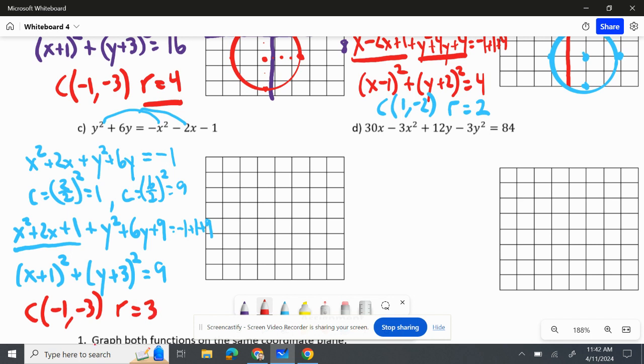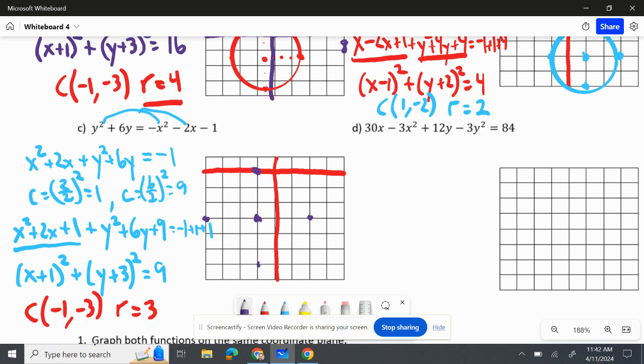Now, just like the last one, we can go by 2's or we can go by 3's. Or what we can do is adjust the axis so that it fits with our graph. So if I move the x-axis up like this, when I graph -1, -3, and I go 3 in all directions, it actually fits.